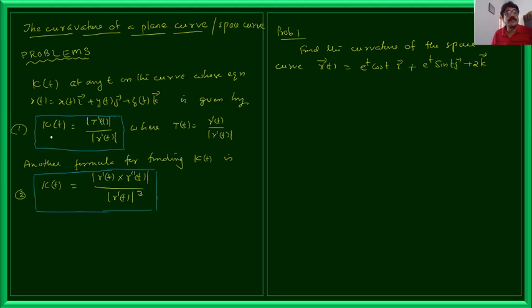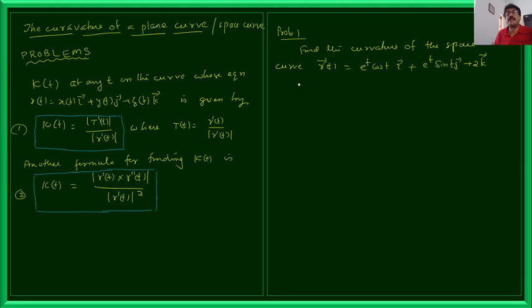First we use the first formula, kappa t is equal to modulus of T dash t by modulus of r dash t. Here you have to first find r dash t, then getting r dash t you can find T(t), then differentiating again we will get T dash t.